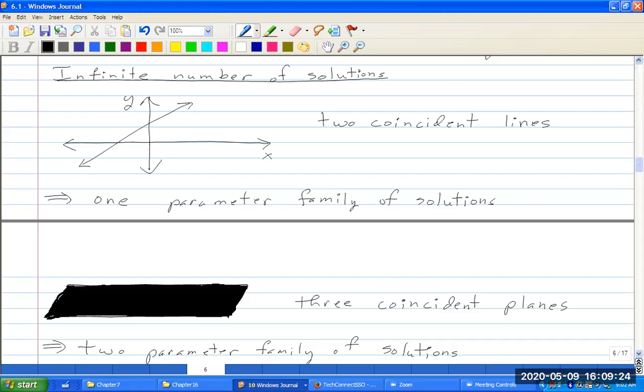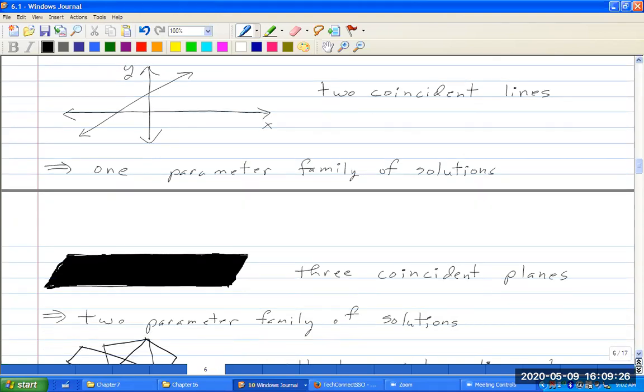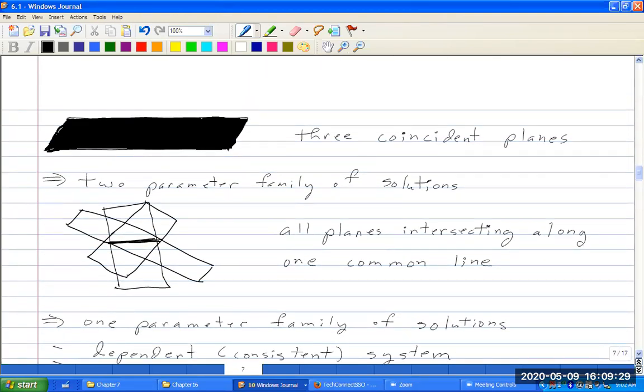Let's look at the case of having, say, three equations and three unknowns. I could have three coincident planes. So one plane here, another plane here, so they're all the same. In which case, the intersection will be a two-dimensional object.